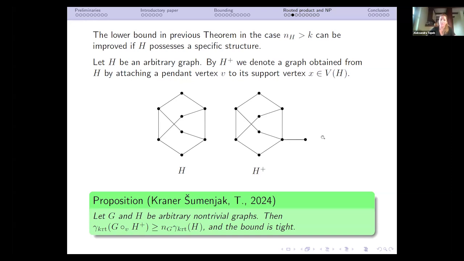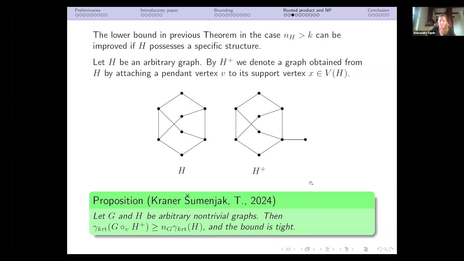And if I now take this vertex v as a root and look at this rooted product, then you can see that where we have k before, now we have gamma kRT of H. So this is better. And we also know that this bound is tight. A little bit more on this later in the conclusion.